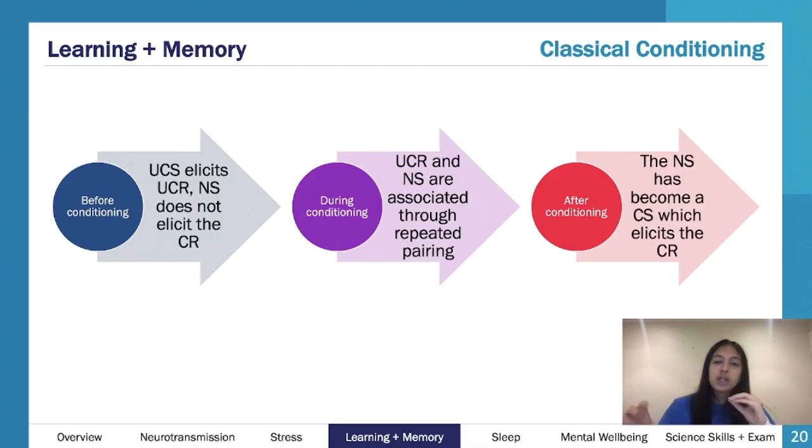During conditioning, you're going to pair your unconditioned stimulus with your neutral stimulus. Remember, you've got your multiple trials, or your multiple pairings. So you've got your food and you've got your bell, and you present them at the same time. Technically, you will present your neutral stimulus a little bit before, but you present them pretty much at the same time.